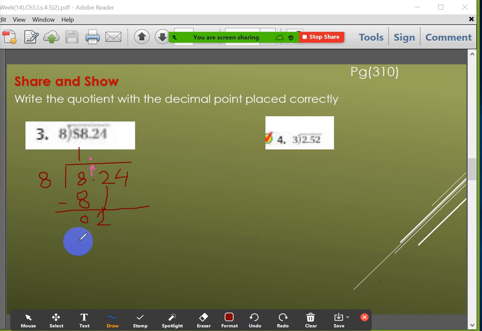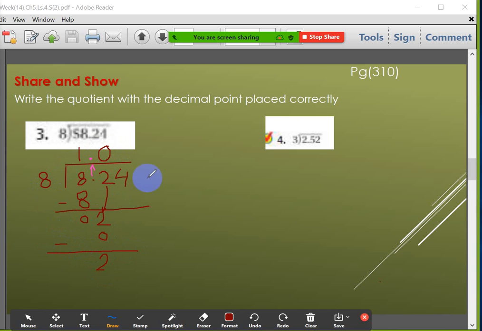There is no 8s in the 2. You remember this idea? That means there is 0 8s. That means the answer for this division is 0 in the tenths digit. So 0 multiply 8 equals 0. Then I will subtract. 2 minus 0 equals 2.